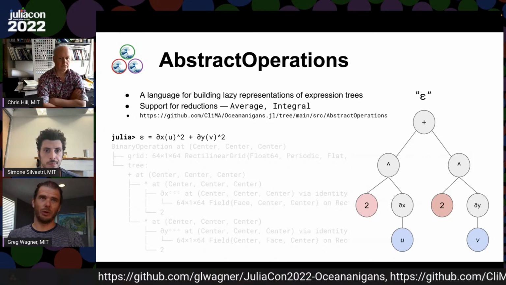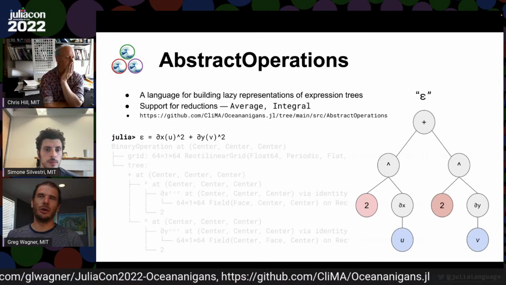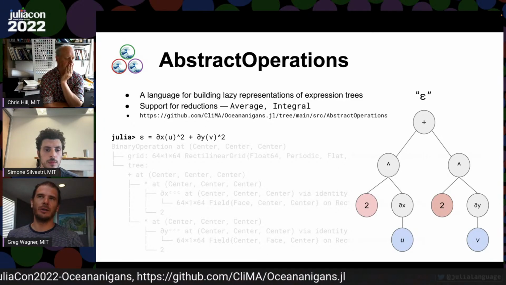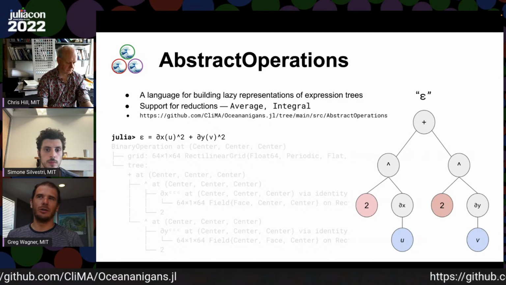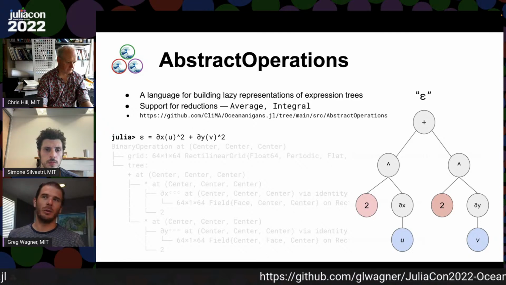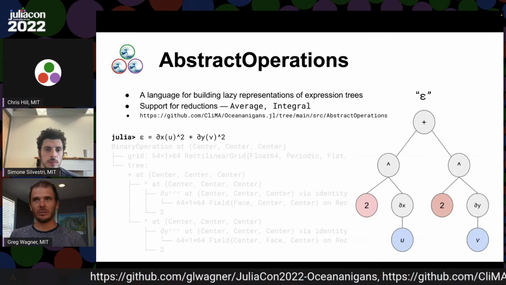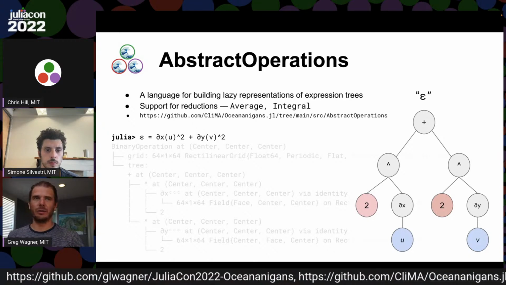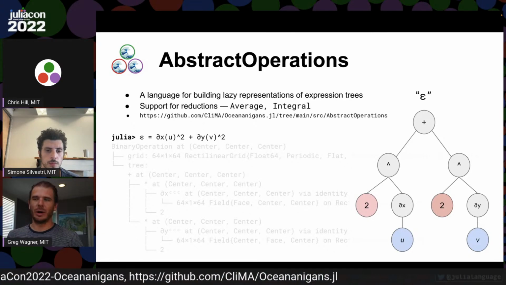You can think of an expression tree as connected nodes, right? So plus is a binary operation that adds two binary operations, which themselves are power, which take the derivative of u to the power 2 and add that to the derivative of v to the power 2. So that's what it looks like graphically.